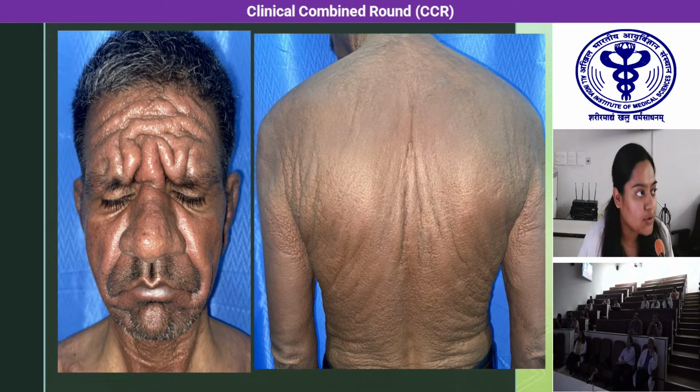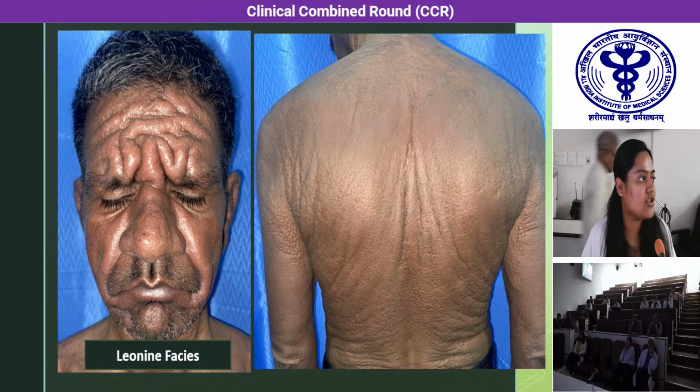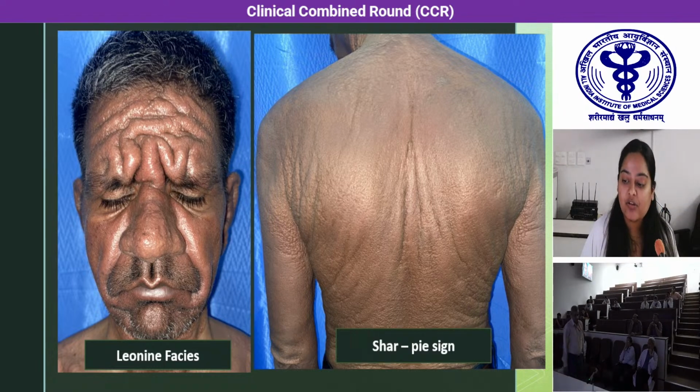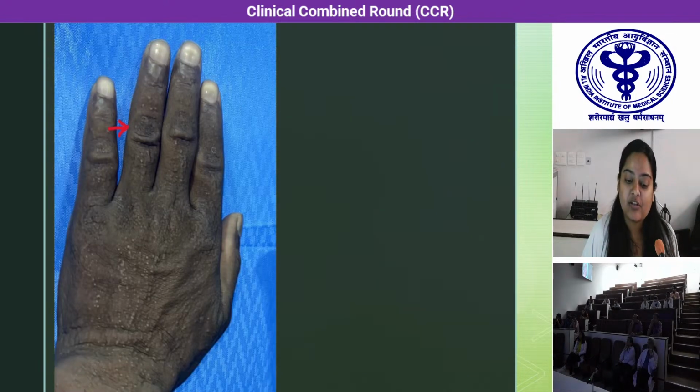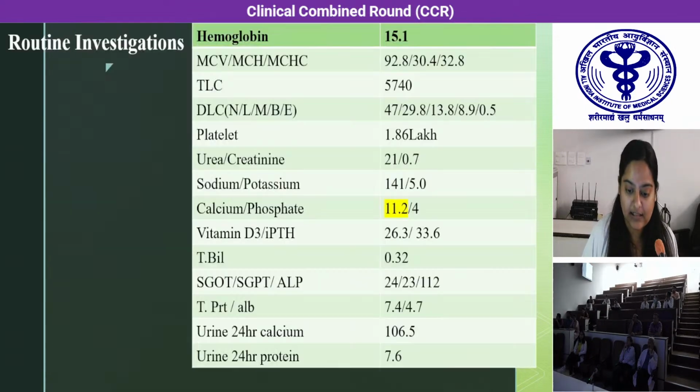Patient also had a few characteristic signs. In the first image, the patient had characteristic involvement and infiltration of face leading to leonine facies. The patient also had exaggerated skin folds on the back, also known as Shar-Pei sign, and infiltration on the dorsum of the fingers, leading to the characteristic donut sign.